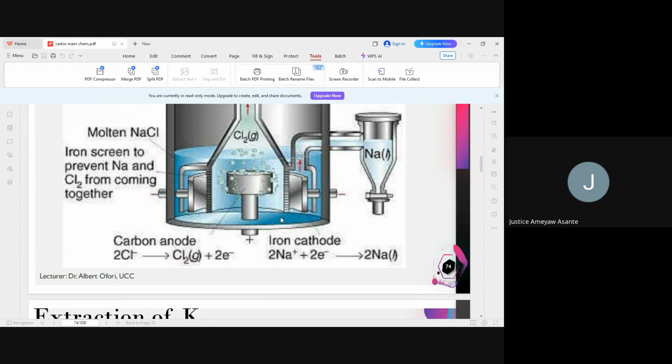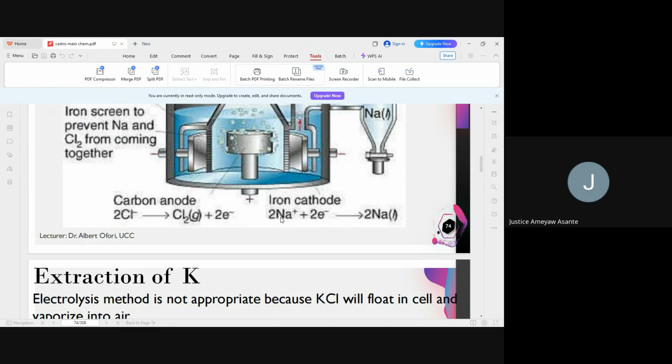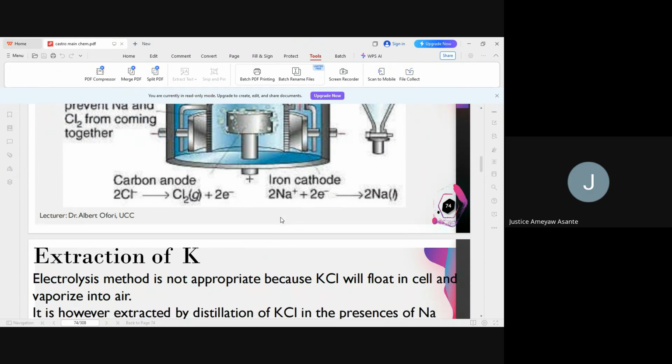So we are going to get the carbon anode. At the carbon anode, what is going to happen is the chloride ion will lose its electron and become a molecule. At the cathode side, we have excess electrons.